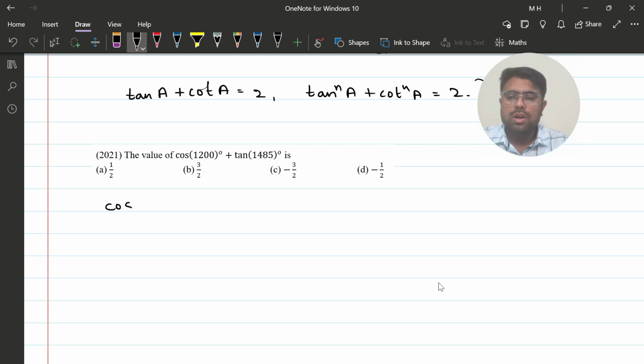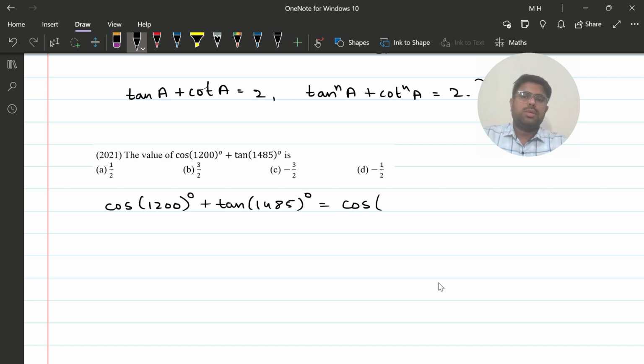So we have cos of 1200 degrees plus tan of 1485 degrees. Fine. So this is going to be what? Cos of 1200. So 360 plus 360 is 720. 720 plus 360 is 1080. So 1080 degrees plus 120 degrees.